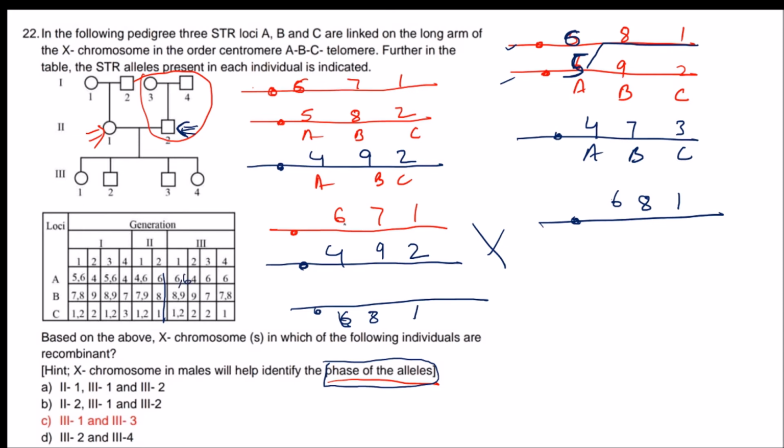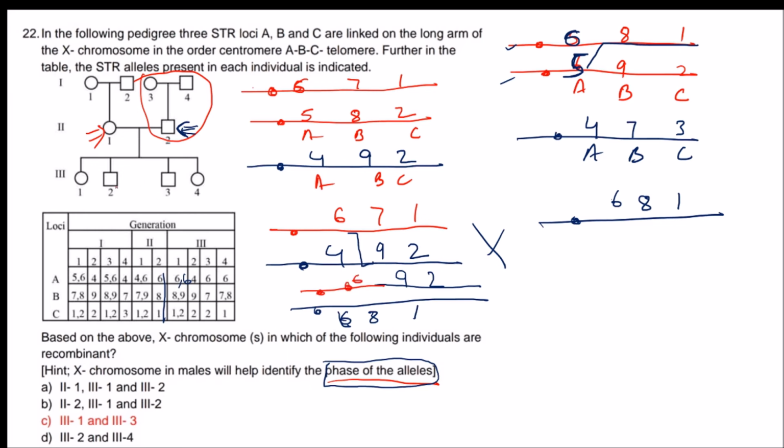So along with this 6, what should come? 7, but it is not coming 7, rather it has come as 6, 9 and 2. It means there is a crossing over. It means there is a crossover between these two chromosomes, and we have got 9 and 2 because of crossing over. And here one allele is there, which is number 6 from the female one.